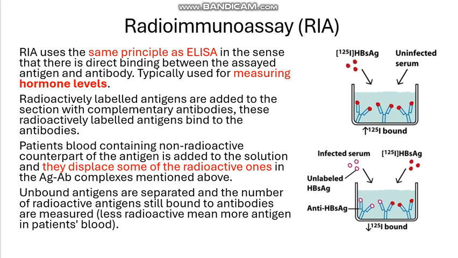So shown on the image here, these little blue antibodies bound to the bottom of the well would be these complementary antibodies, and these little red circles are the radioactively labeled antigens at the image on the top right here. These antigens that are radioactively labeled bind to the antibodies.